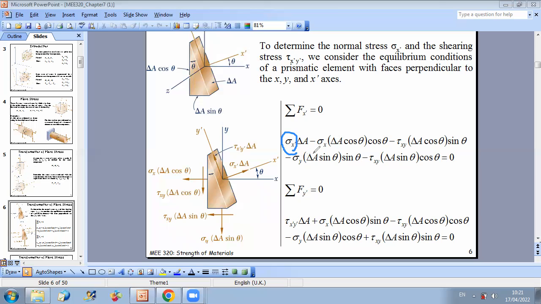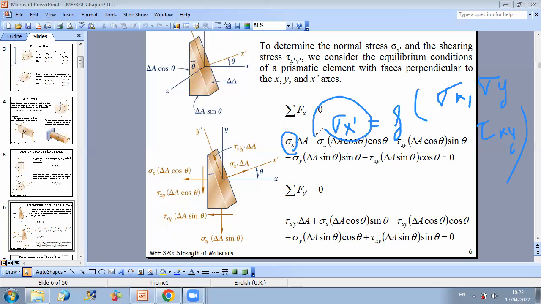So as you can see, this equation will give you sigma x prime as a function of sigma x, sigma y, and tau xy. So if you know the state of stress in plane xy, then you will be able to determine the state of stress along x prime.